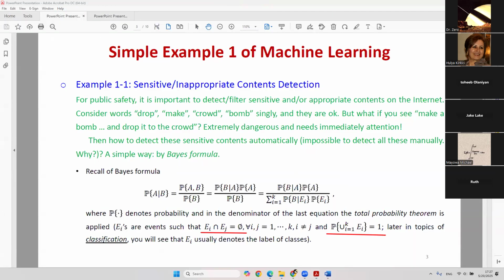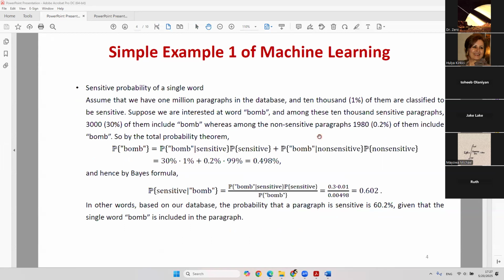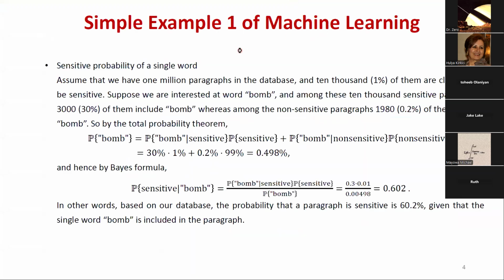Okay, so let's see how we can use this Bayes formula to calculate this problem. To make a simple calculation, we need more conditions. Let's assume that we have 1 million paragraphs in the database, and suppose 10,000, which is 1% of them, are classified as sensitive.